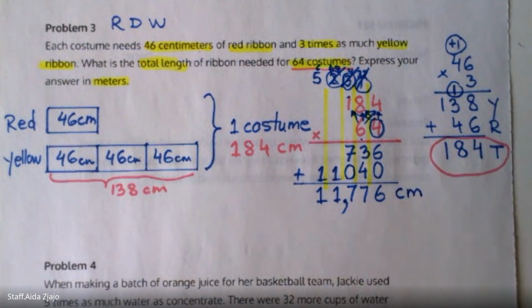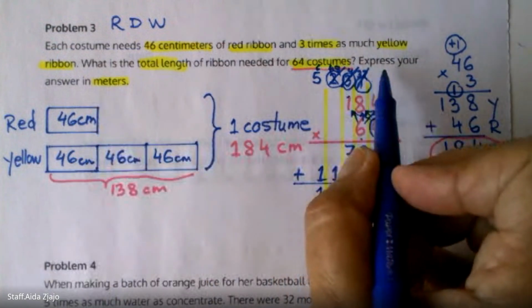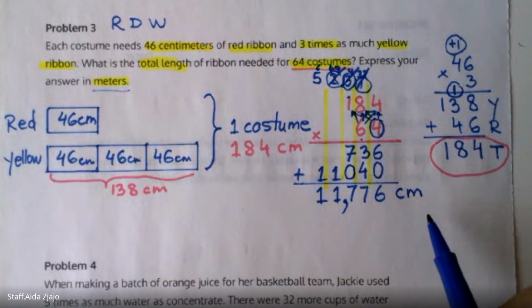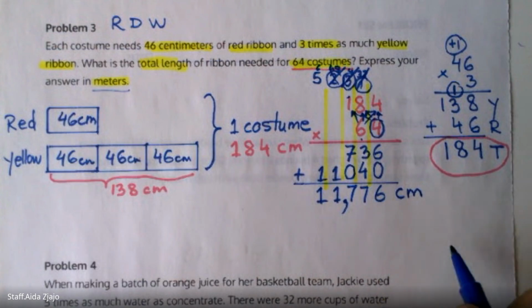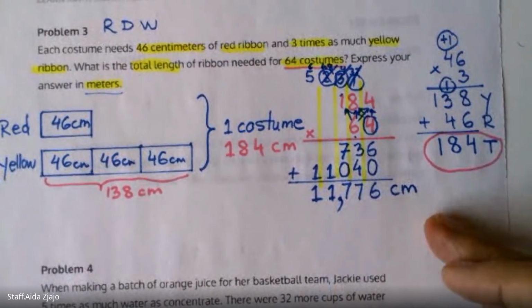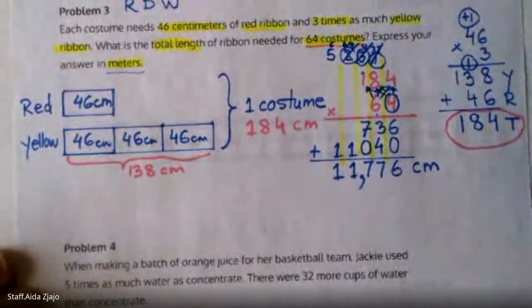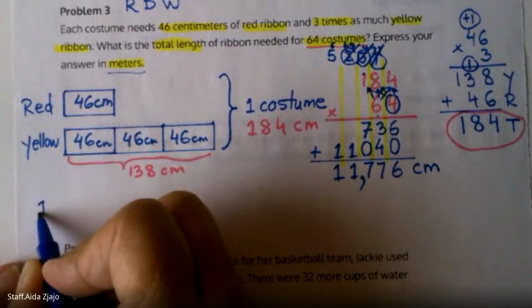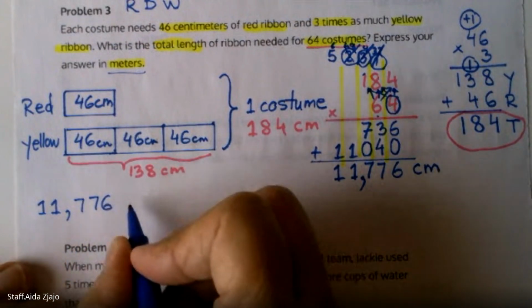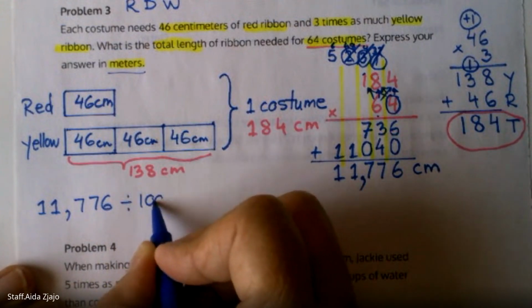centimeters. So now the question says to express your answer in meters. We need to know that 1 meter is 100 centimeters. So if I'm going to change this to meters, I need to divide this by 100. So 11,776 divided by 10 to the power of 2, or 100.